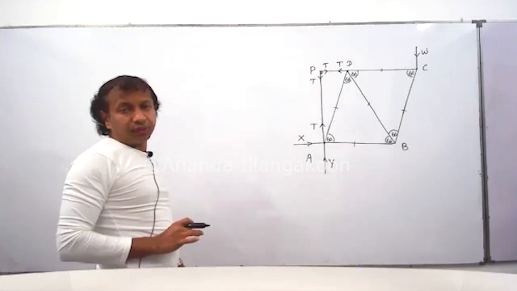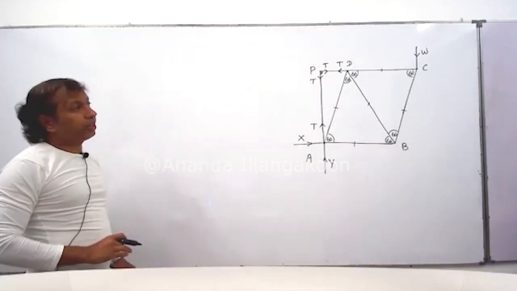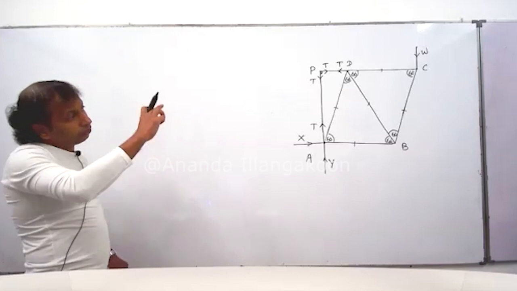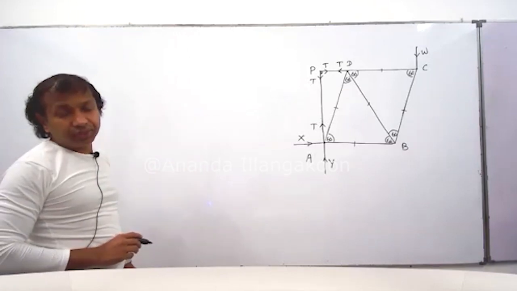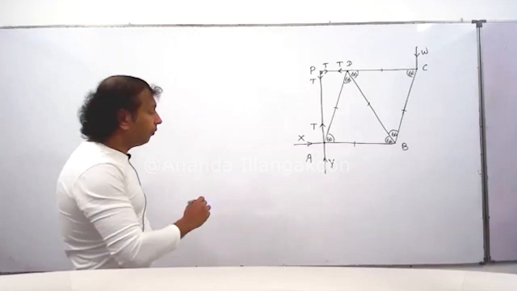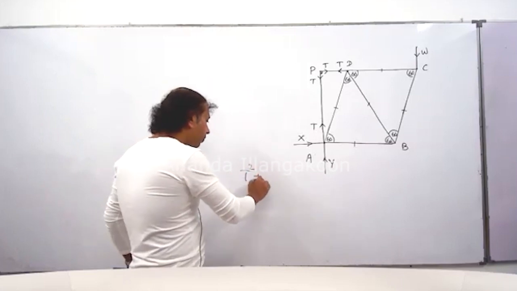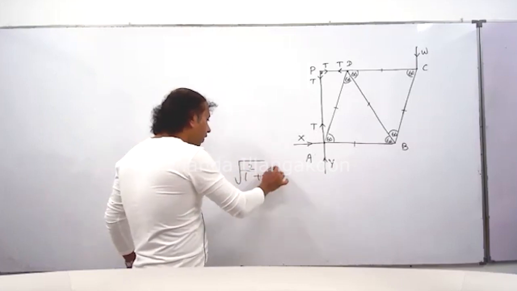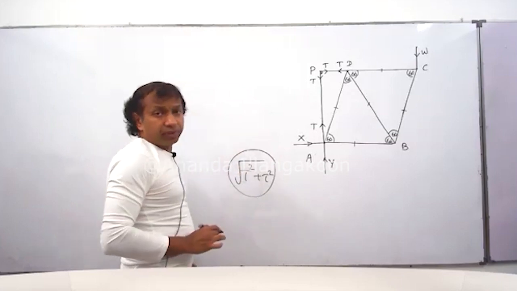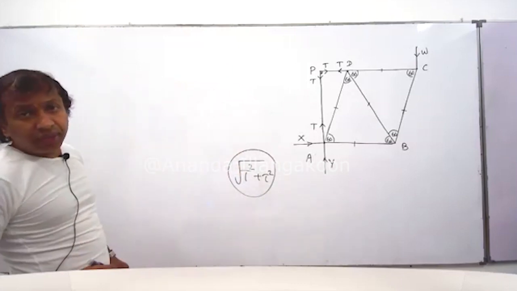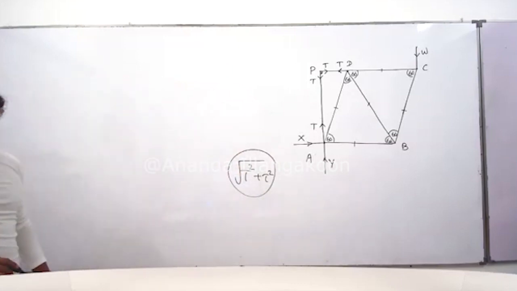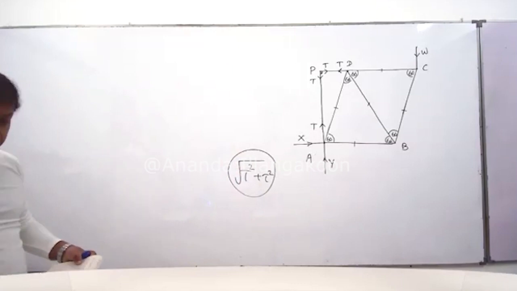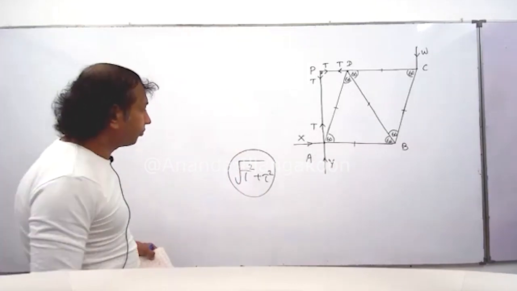They have a resultant force. That is the final force acting on the peg P. The two forces T and T are perpendicular to each other. Their resultant can be found as the root of T squared plus T squared. This answer is the pressure on the peg P. To find that, we have to find what? Tension T.